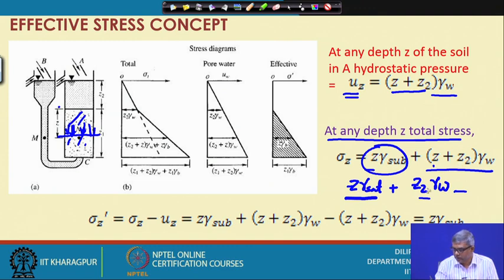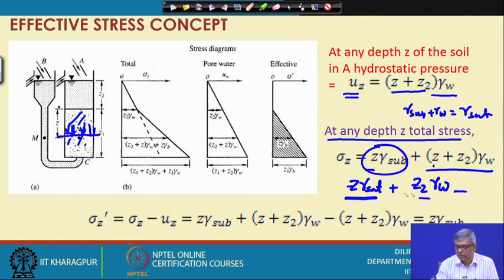If you do that, you can see gamma submerged plus gamma W is the gamma saturated. Okay. So, if I take Z into gamma W and multiply, Z gamma sub plus gamma W, gamma sub plus gamma W is gamma sat.